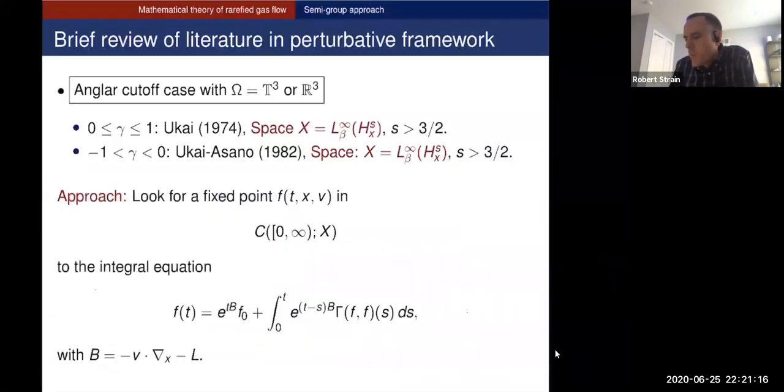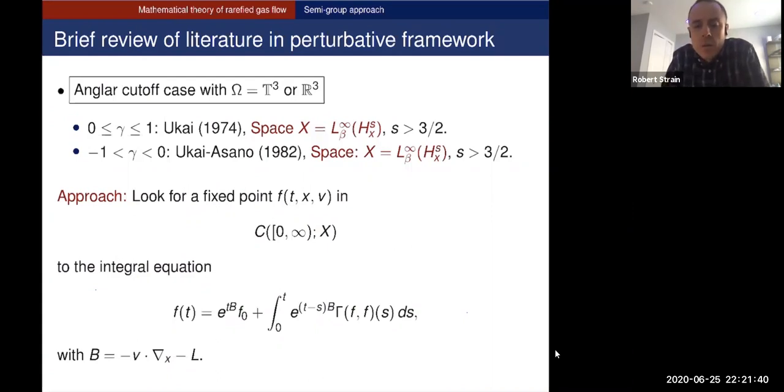Okay, so there's a lot of activity in studying kinetic equations, and I don't have time to review all of it, but I want to review a few selected results that are very closely related to the theorems that I'm going to tell you about today.